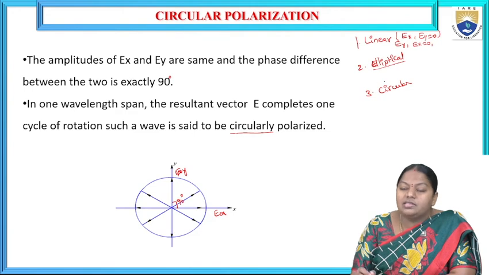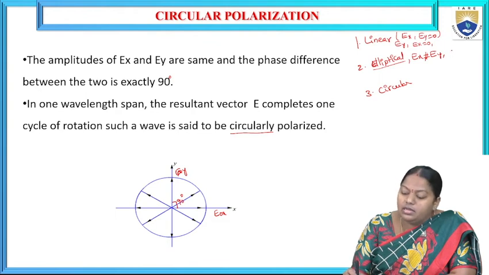The second type is elliptical polarization. To define elliptical polarization, we must consider two directions. The Ex component and Ey component must both be there, and the magnitudes of these two are not equal, and the phase difference between them is not exactly equal to 90 degrees, that is, less than 90 or greater than 90.